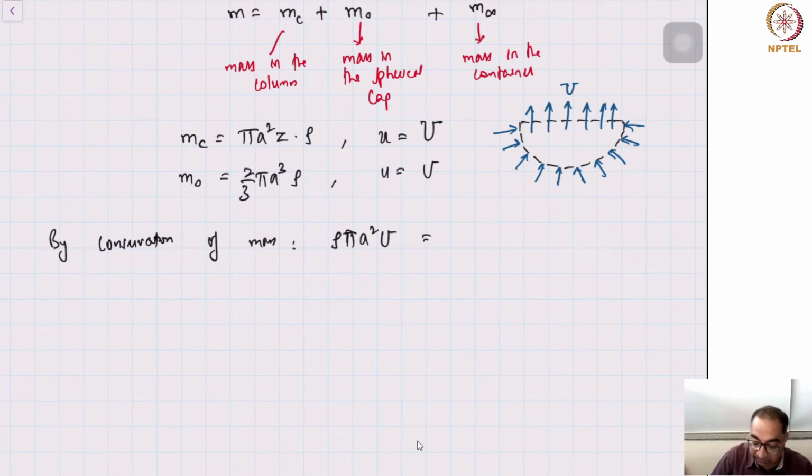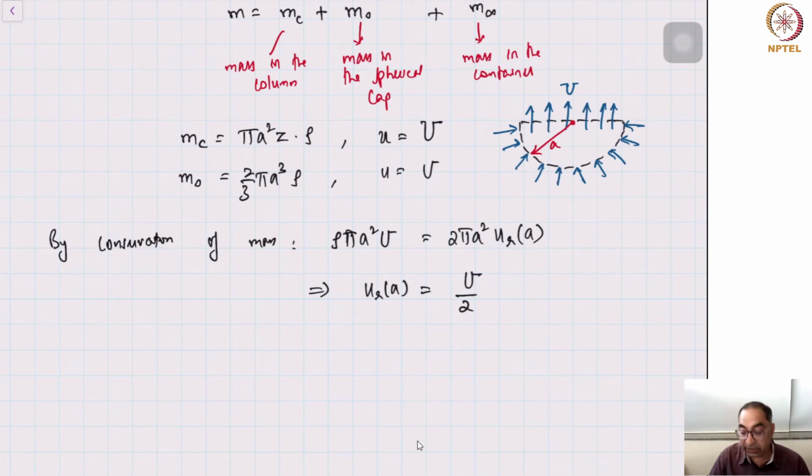And the mass that is entering would be the surface area of the spherical cap, 2 pi a square, times UR at a. So we are interested in a spherical cap whose radius is a. Therefore UR at a is nothing but U by 2. The velocity at the inlet of the spherical cap is capital U by 2. Fluid is entering the spherical cap at U by 2.